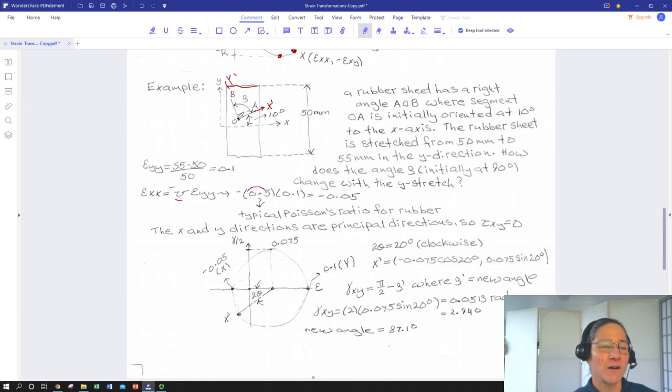We know that our X prime direction starts out at 10 degrees from X, and it's in the counterclockwise direction. So that gives us a clue of where to start. So we start by calculating our reference system normal strains. So strain in the Y, EYY, is going to be change in length divided by original length, which gives us 0.1.